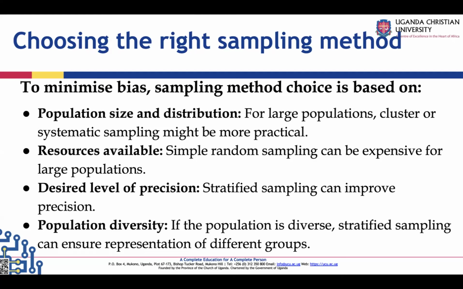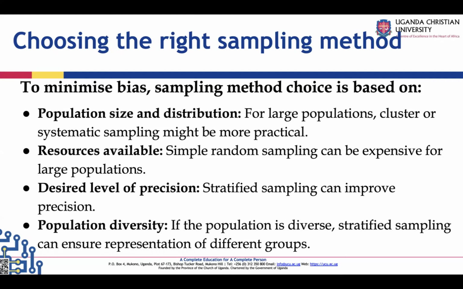For large populations, cluster and systematic sampling is more practical. Another aspect that we use to determine the method we choose is the type and availability of resources. Simple random sampling can be expensive, so you would be considering something like convenience sampling, which would be cheaper.